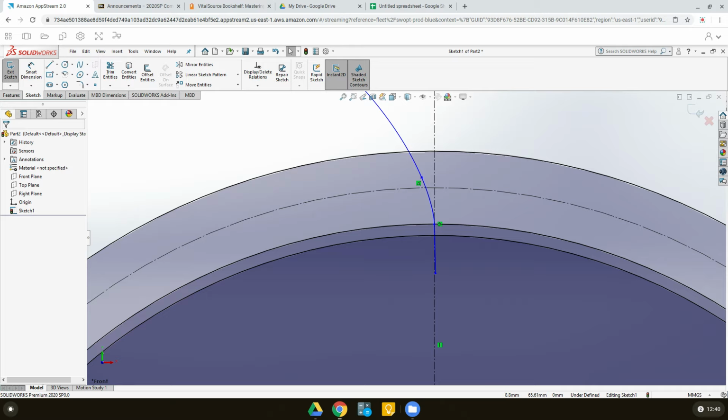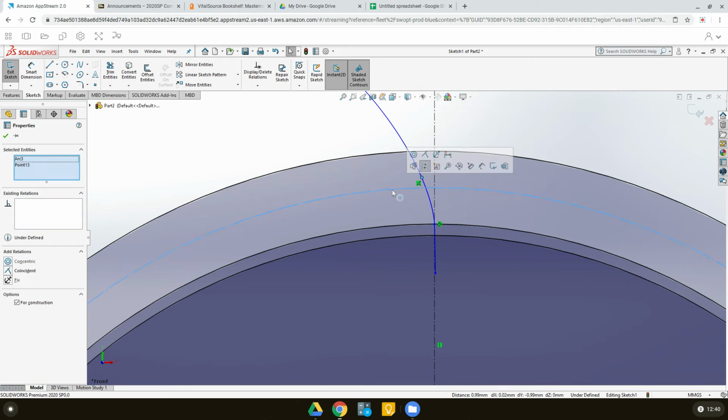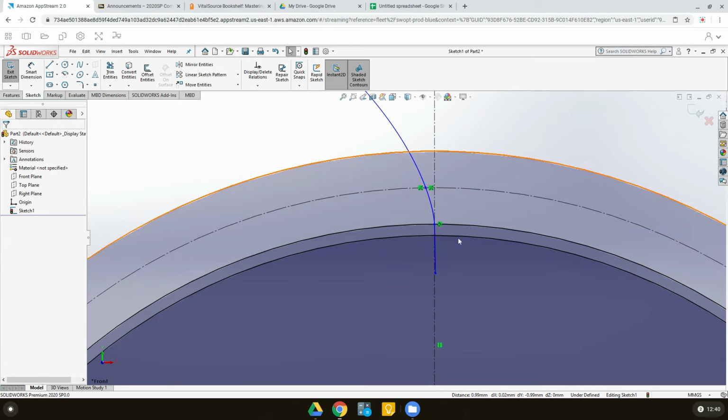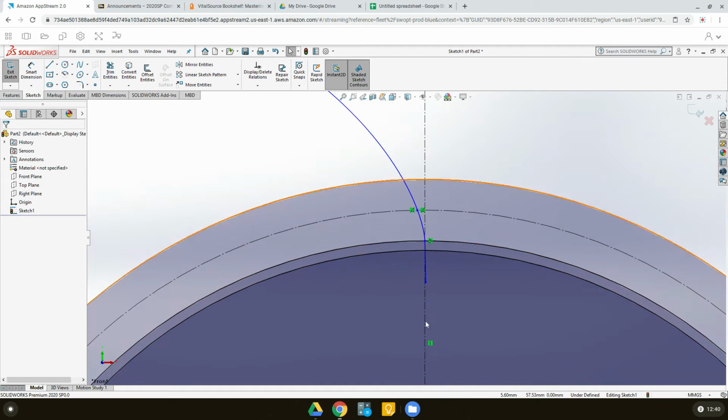And then I also want to make sure that that point is also on the pitch circle. So I'm going to select the point, control key, press and hold, and also select the pitch circle, and make these two things coincident. By doing that, I am ensuring that the point is on the gear tooth profile as well as on the pitch circle. So we got that point there.